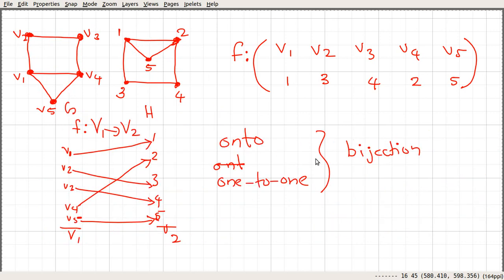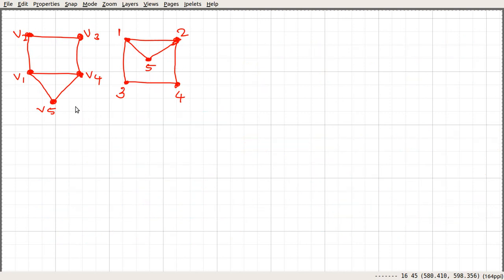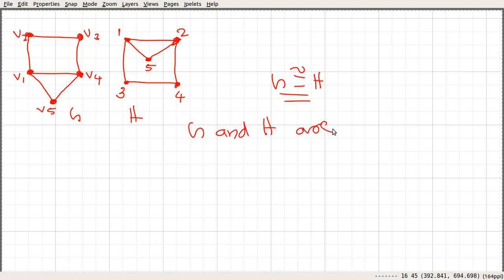So we are able to prove that this map is a bijection and also that it preserves adjacency. Then that says that these two graphs, G and H, are isomorphic.